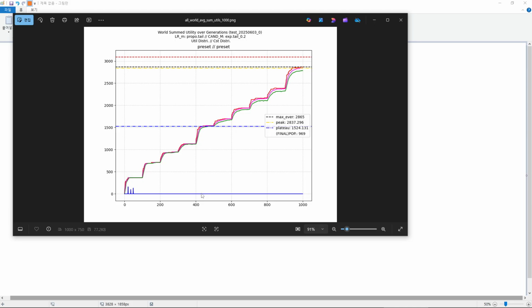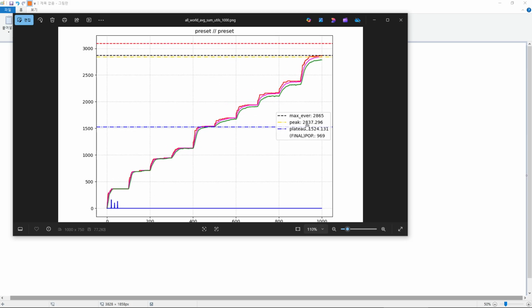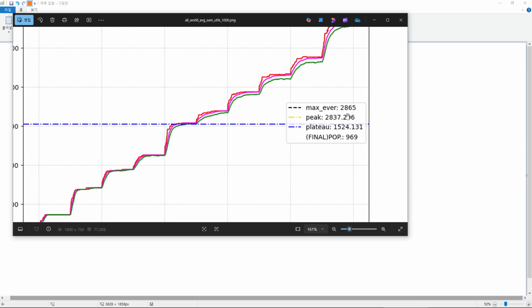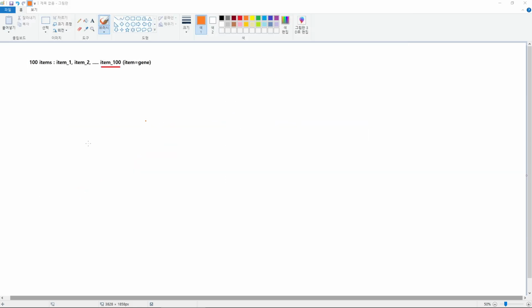But in this case I got a bit lucky, but it is still quite interesting to observe that I still have the maximum ever at what is supposed to be, or what is thought to be, the true ceiling, that is 2865. So it didn't really affect the overall progress of entities in a negative way.